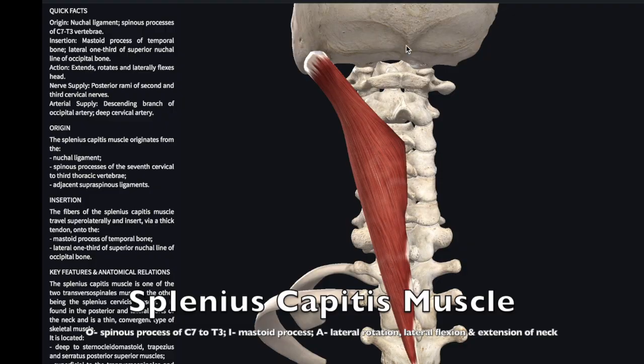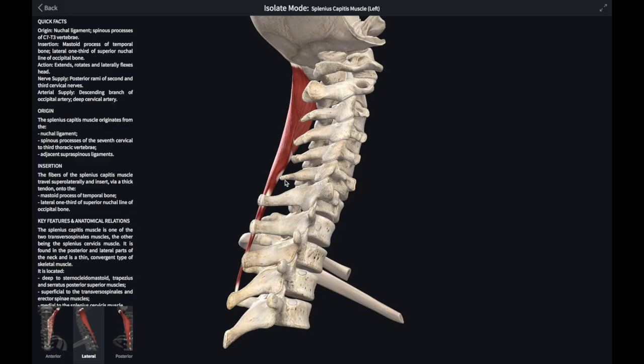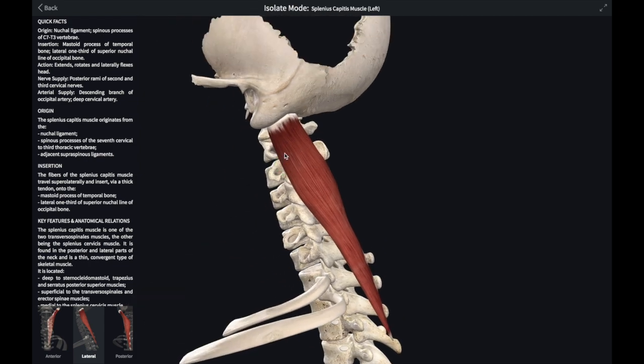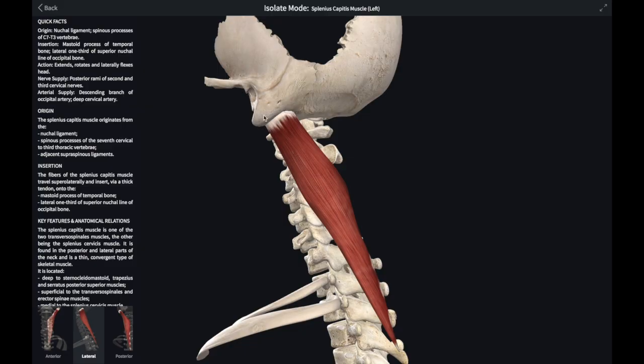The origin for the Splenius Capitis is along the spinous process of the cervical vertebrae, right along here, as well as the thoracic vertebrae, a few of them there. And its insertion is on the mastoid process of the temporal bone here.